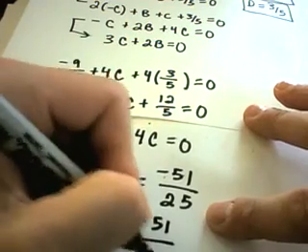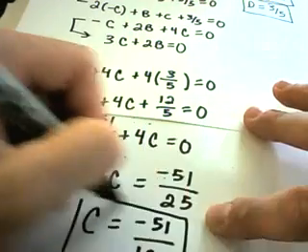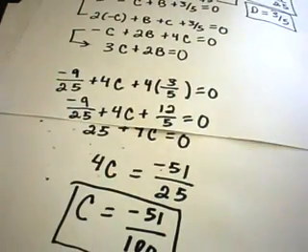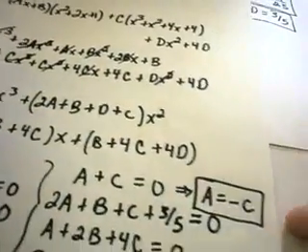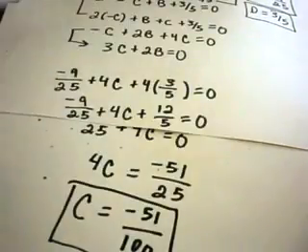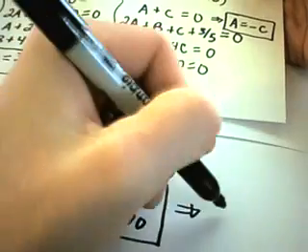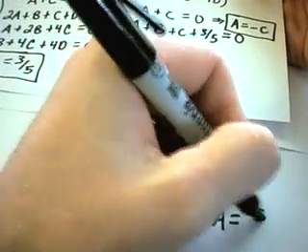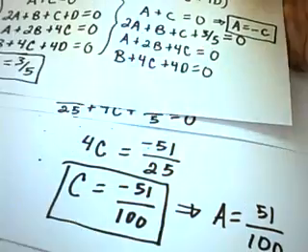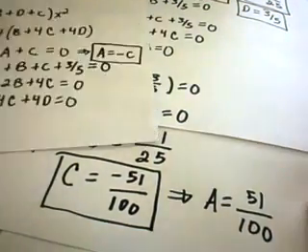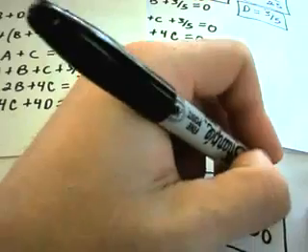You would get that c is negative 51 over 100. Last but not least, we had that a was equal to negative c from the very beginning. So if a is equal to negative c, this is going to tell us that a is positive 51 over 100. So we've now got our a value, we've got our b value, we've got our c value, we've got our d value.